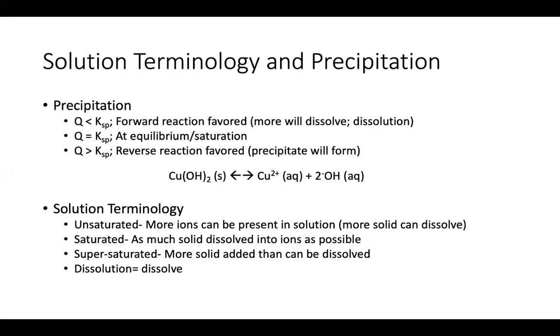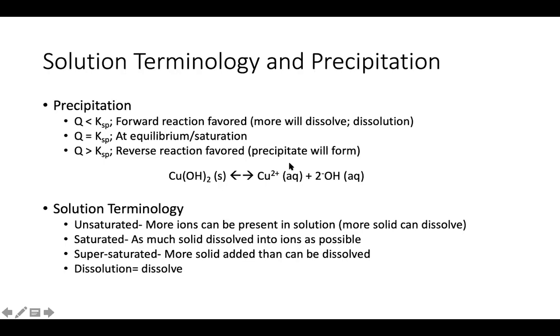If our Q is ever greater than our Ksp, our reverse reaction will be favored, meaning our ions will combine to form precipitate. That's what we will see in the selective precipitation problems, and we'll cover one tonight as part of the challenge problems.